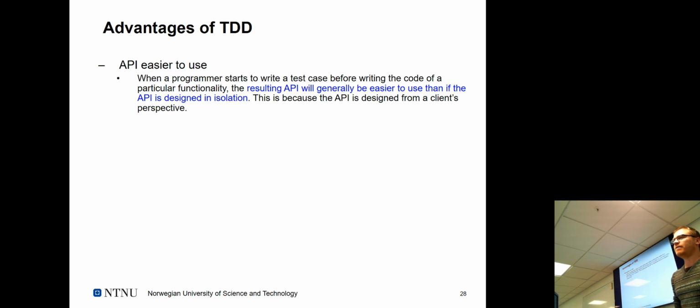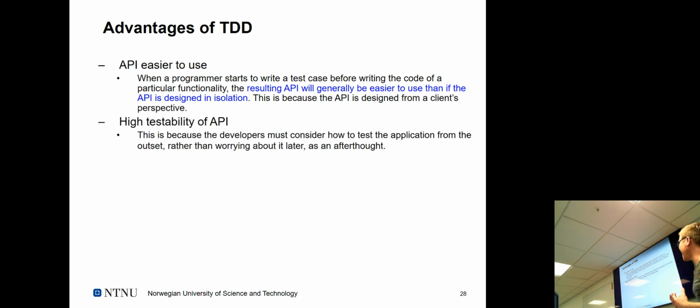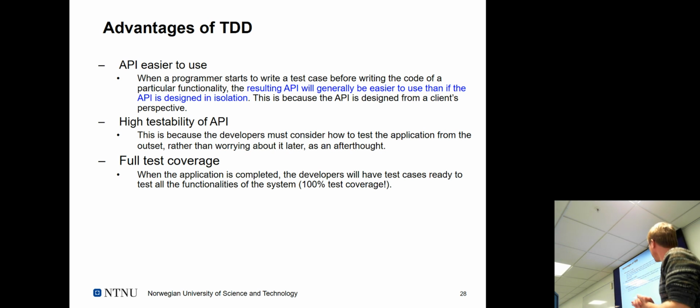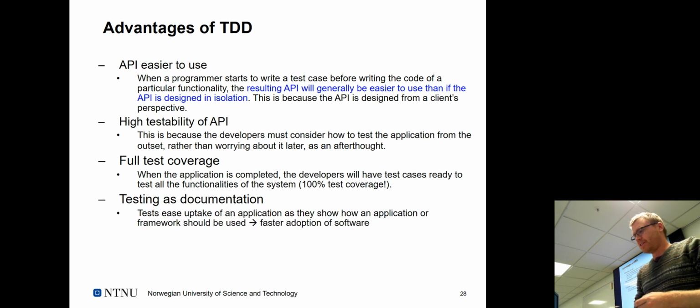So it has an advantage forward-looking as well, that you have this focus. That leads to highly testable APIs because you always need to think as a tester. And all the stuff you mentioned, of course, as well: full test coverage by definition. And the other thing also, testing as documentation, right? So I'm not sure, when you download an open source library and use it, what do you look for usually?